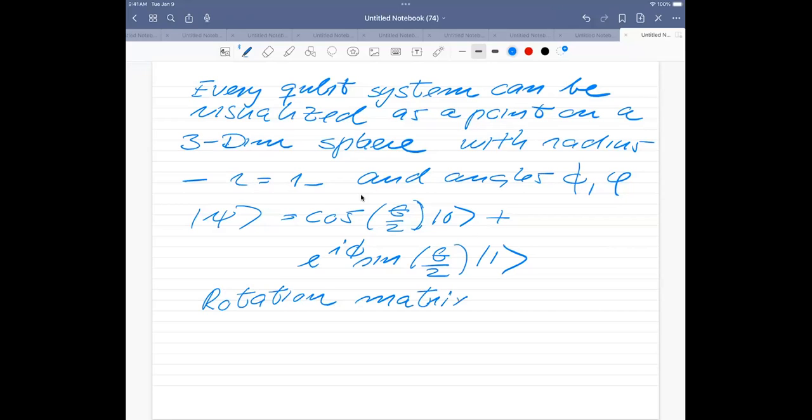These are specific conventions. So a rotation along the x-axis by an angle theta is given by e to the minus i theta half multiplied with a Pauli X matrix. Yeah, this is just a convention which is used in the literature.